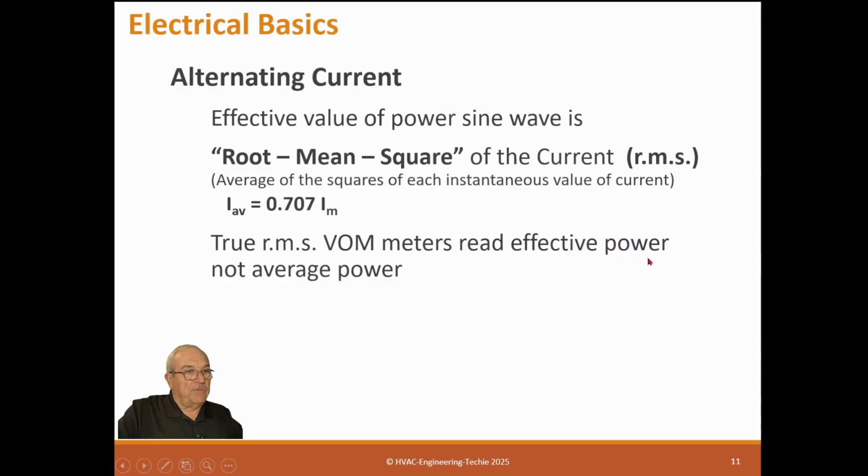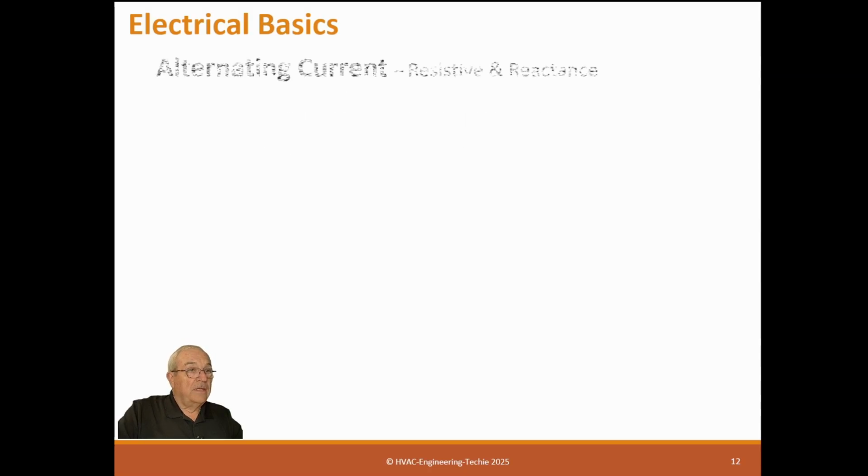RMS voltmeters read effective power, not average power. So if you're a commissioning guy or a test and balance guy, we request that you have true RMS meters. Because if you have an inductive circuit, your meter will not read the amps correctly, because it's reading average amps, and you need to read actual effective amps. To do that, you need a true RMS meter.